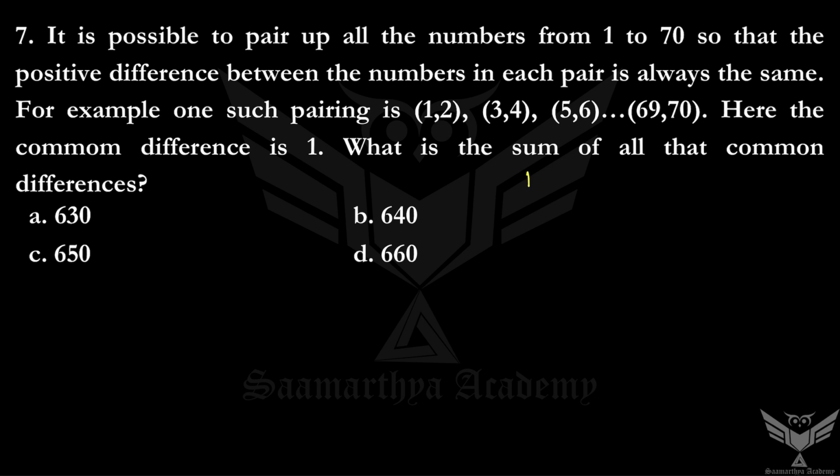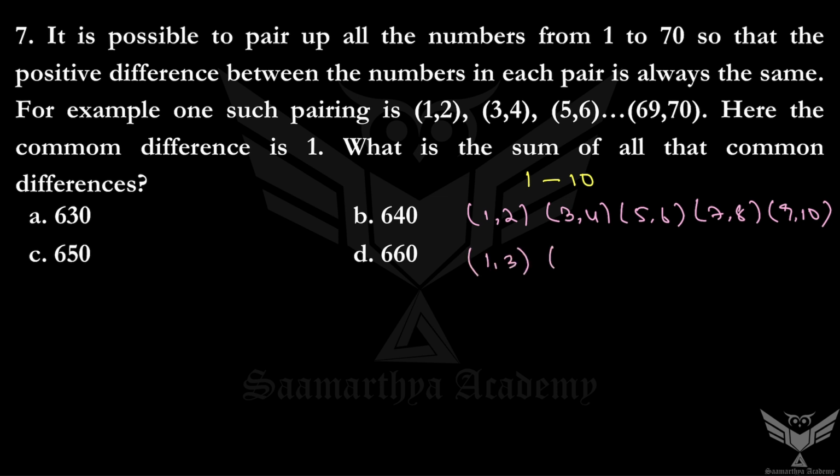Now just consider the range of 1 to 10. From 1 to 10, I can arrange the numbers as 1, 2, 3, 4, 5, 6, 7, 8, 9, 10 with a difference of 1. With a difference of 2: 1, 3, 2, 4, similarly 8, 10.